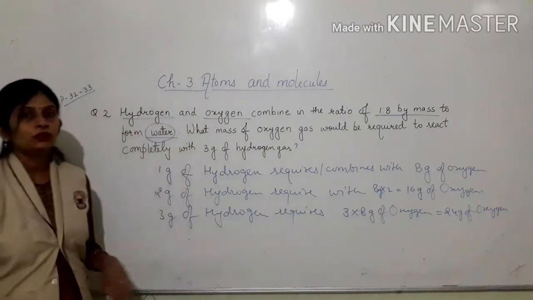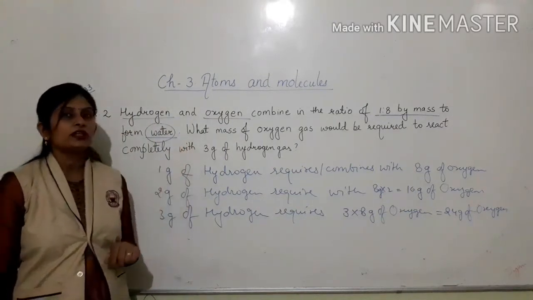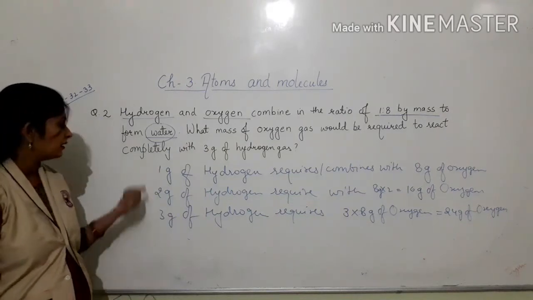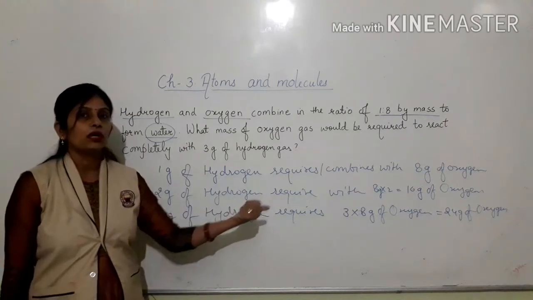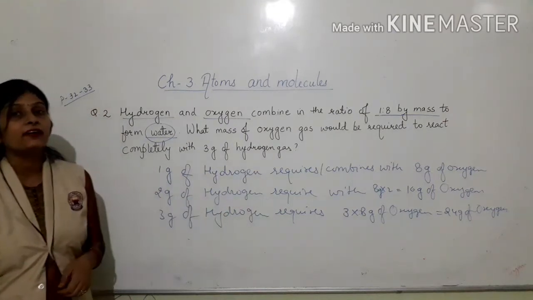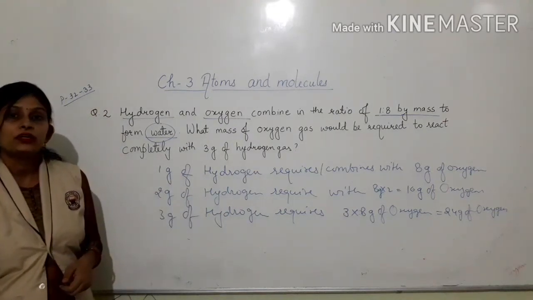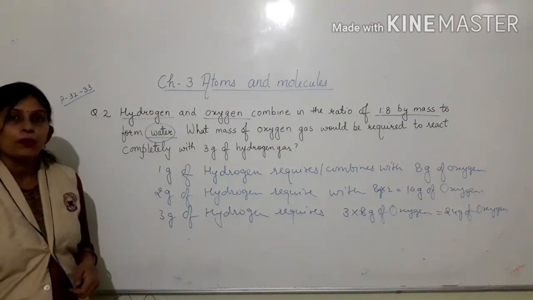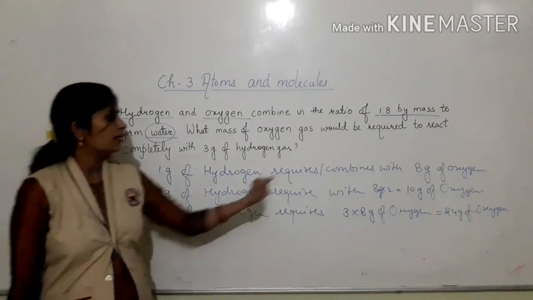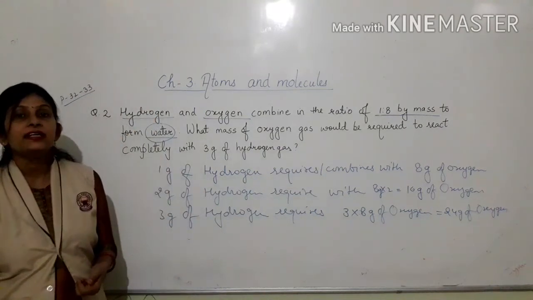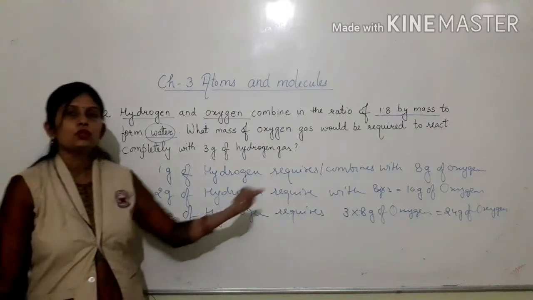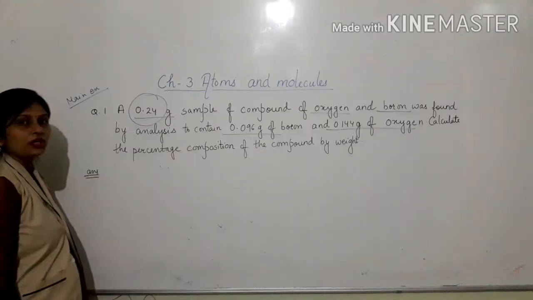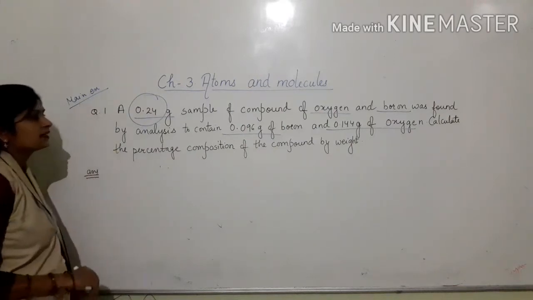Okay, so if 1 gram of hydrogen requires 8 grams of oxygen, then it is obvious that 3 grams of hydrogen will require 3 into 8 gram oxygen, that is 24 gram oxygen. So the ratio or proportion of hydrogen and oxygen will remain the same by mass, that is 1:8, according to the law of constant proportion.